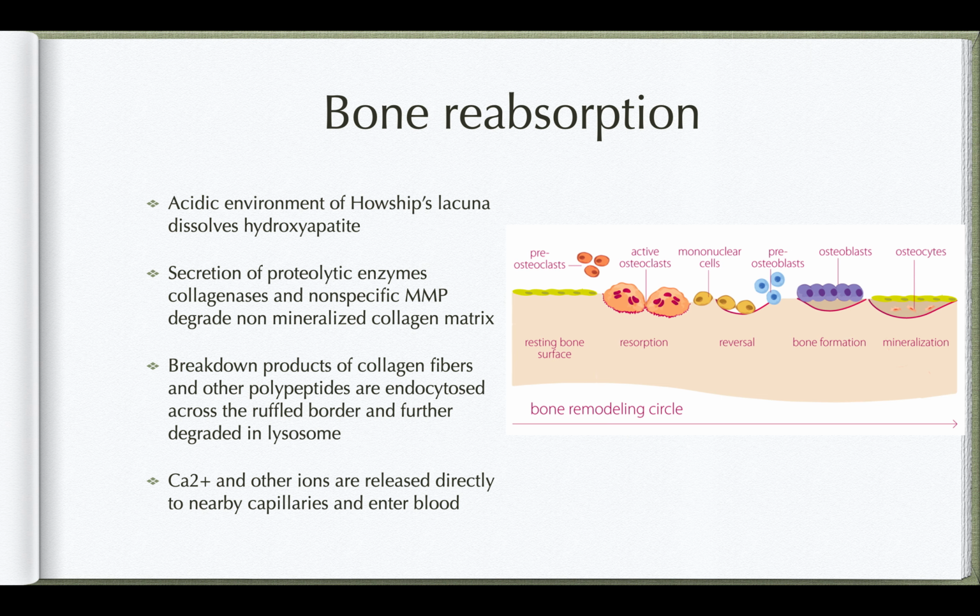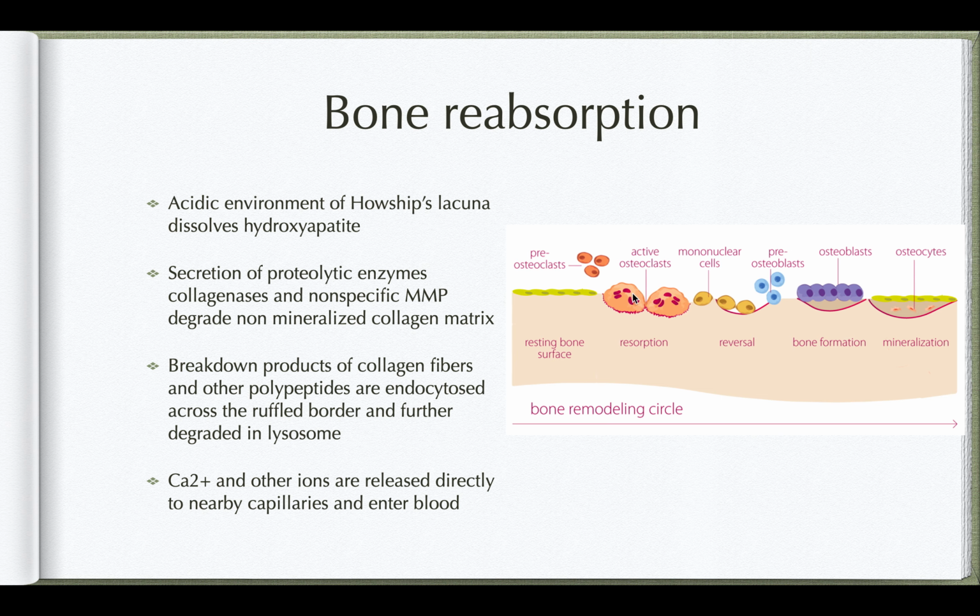The acidic environment of the Howship's lacuna will dissolve the hydroxyapatite, and the secretion of proteolytic enzymes, collagenases, and nonspecific MMPs will degrade the non-mineralized collagen matrix. The breakdown products of the collagen fibers and other polypeptides are endocytosed across the ruffled border and then further degraded in the lysosome. Then all the calcium and other ions are released directly to the nearby capillaries and enter the blood.